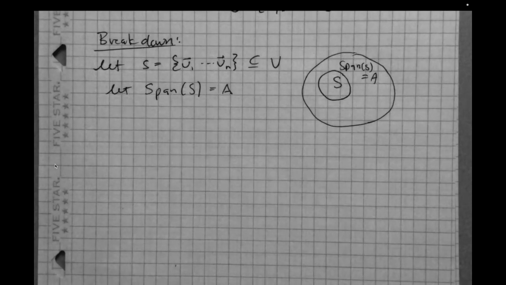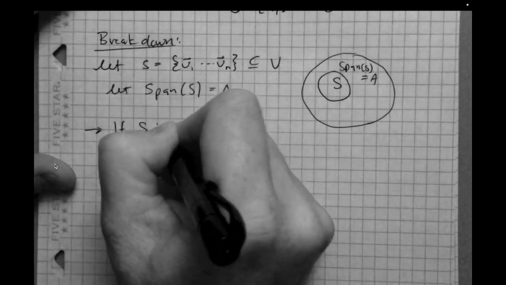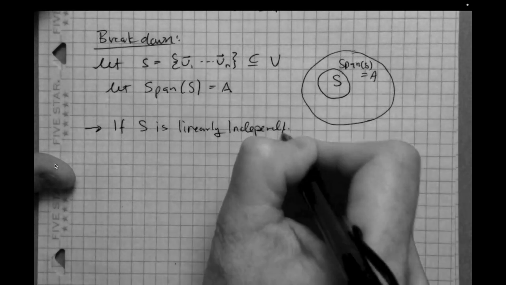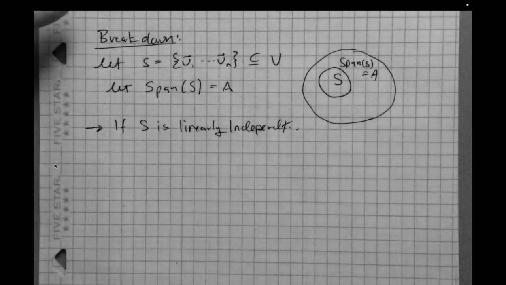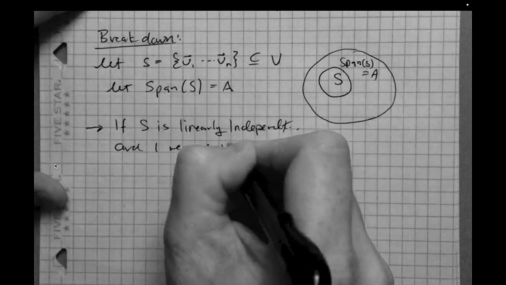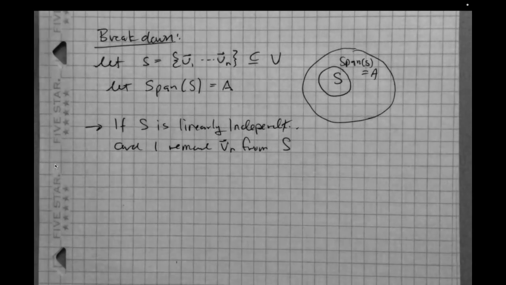So here's a couple of cases. If S is linearly independent, and I remove Vn from S, so let's remove the last vector here, what happens to the span of S?